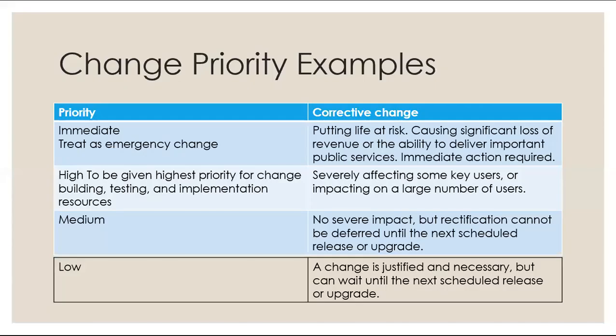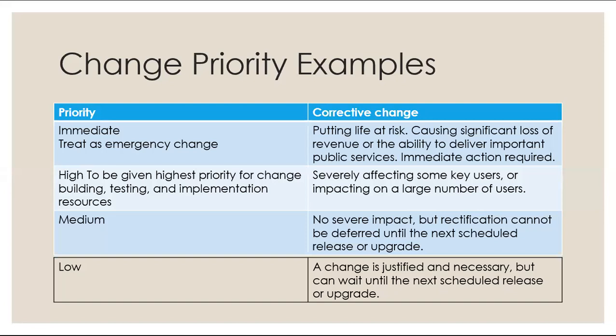Then further are the change priority examples. Immediate priority is treated as an emergency change: corrective, putting life at risk, causing significant loss of revenue. This is basically the emergency. Then medium is no severe impact, but rectification cannot be deferred until the next scheduled release or upgrade. So you can go for the rectification process.